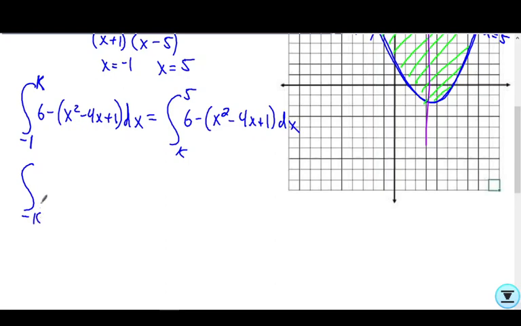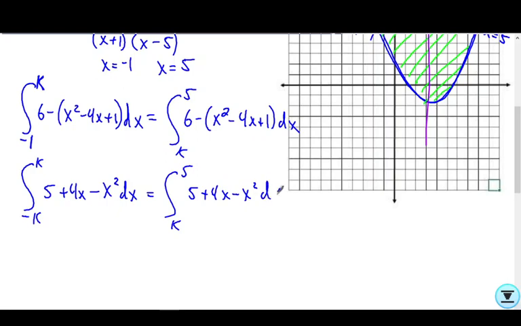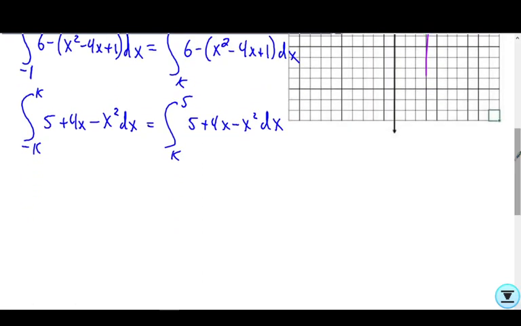So from -1 to k, this ends up being the integral of 5 plus 4x minus x squared dx, equals the integral from k to 5, same thing, 5 plus 4x minus x squared dx. What makes it really simple is that on both sides the antiderivatives are the same.